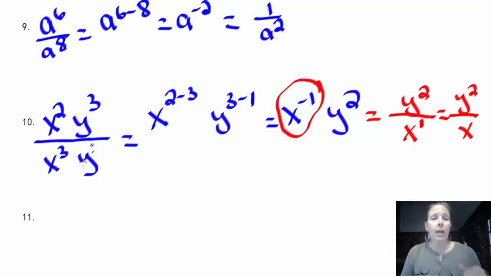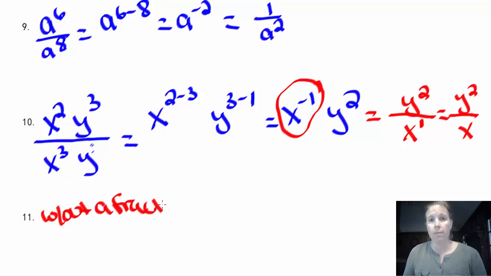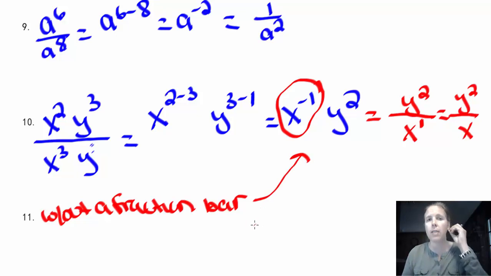One thing I want to note is sometimes it'll say write your answer without a fraction bar. So in your homework sometimes it'll say write your answer without a fraction bar.